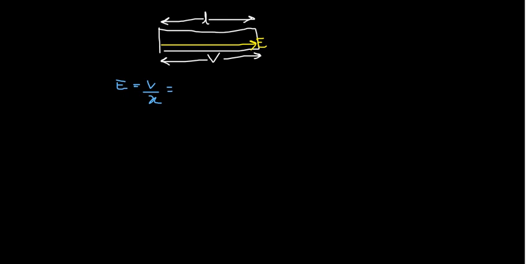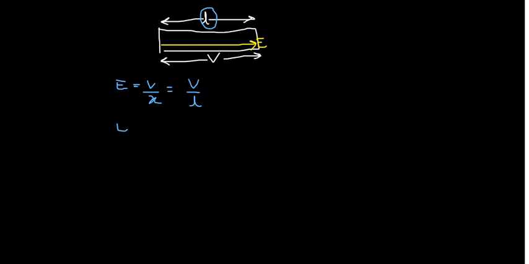Distance X. Okay, this electric field we are observing for the complete length. What is the length of that? Is it X or L? You can see in the diagram it is L. Therefore, we have to write here V as it is and take this X out and write it as L. Therefore, the equation turns out to be E is equal to V by L.